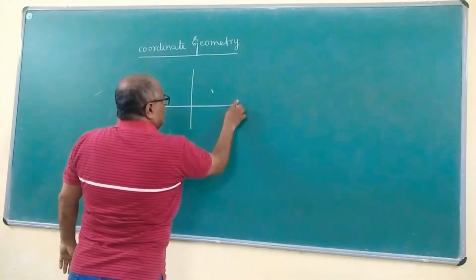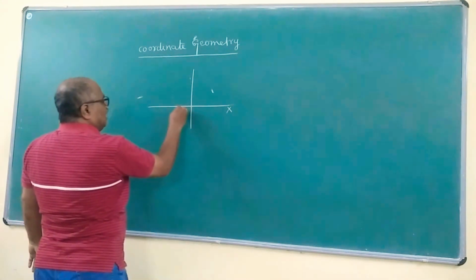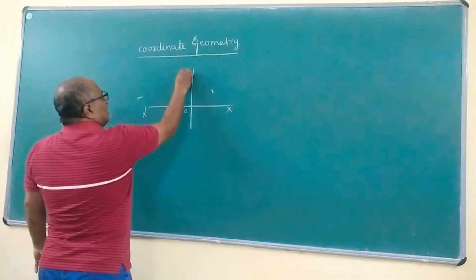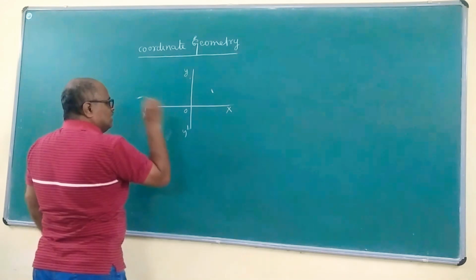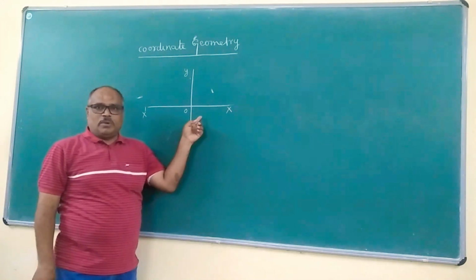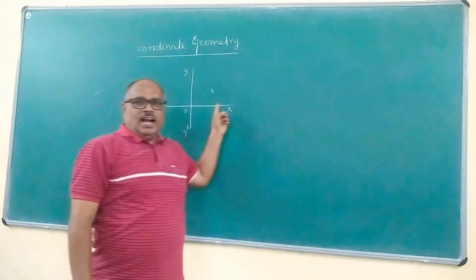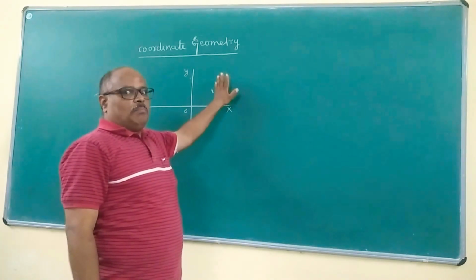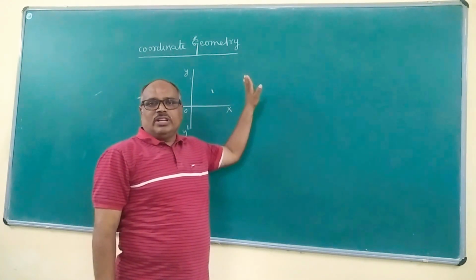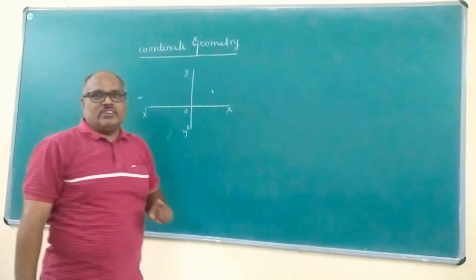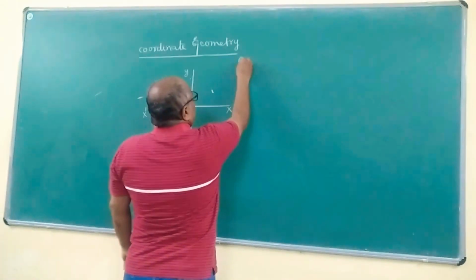these two mutually perpendicular lines, say XOX' and YOY', divide the Cartesian plane into four equal parts, what we call quadrants.